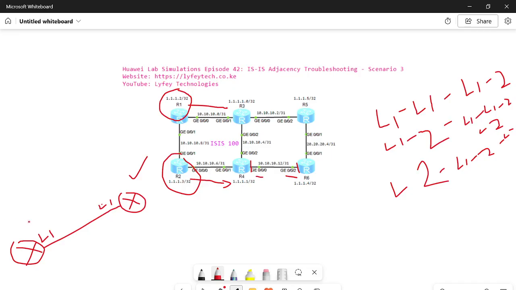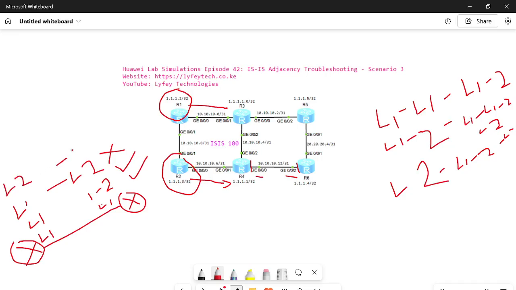If you configure this side to be level 1, you configure this side to be level 1, 2, the adjacency will come up. Level 1 adjacency will be established. If this side is level 1 and you configure the other side to be level 2, the adjacency will not come up.